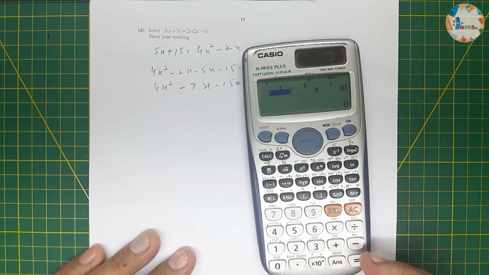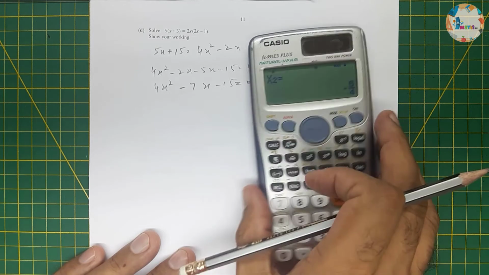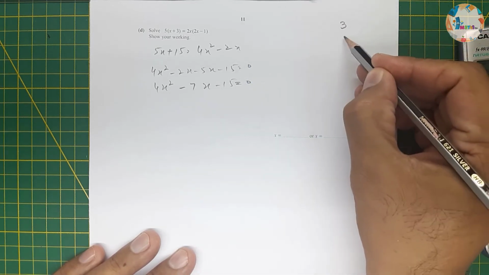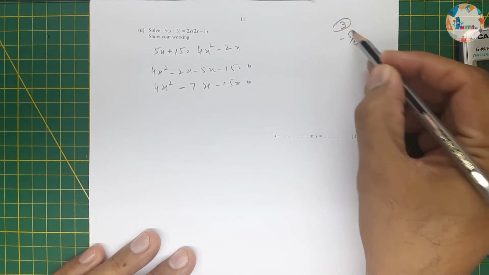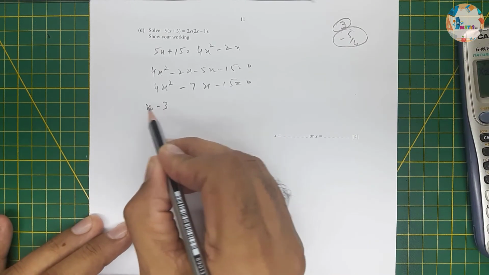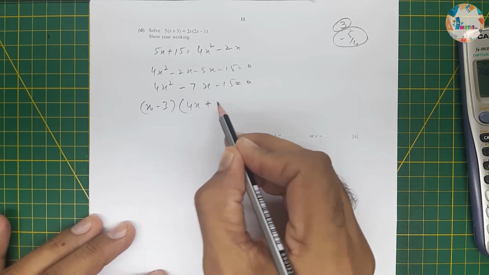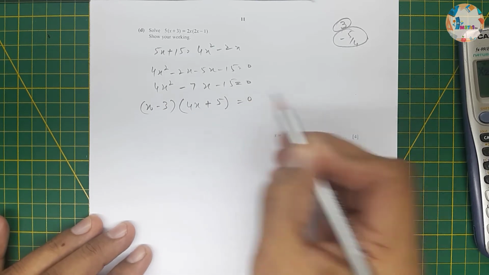Mode 5-3. So the coefficient of x squared is 4 and the coefficient of x is minus 7 and minus 15 is the constant value. So it will be 3 and minus 5 by 4. So we can make pairs. This will be x minus 3 and the second pair will be 4x plus 5 equal to 0.